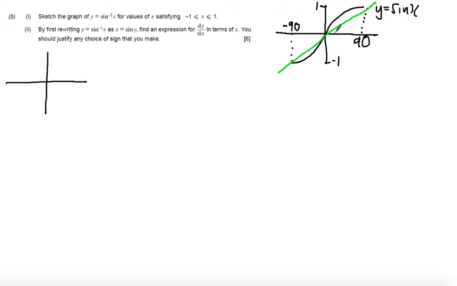The graph would reflect round like that and reflect round like that. So the graph that I get for sine to the minus 1 x looks a little bit like a cubic. It's not a cubic, it just kind of looks a little bit like a cubic. So this is minus 90, this is minus 1, this is 1, and this is 90.